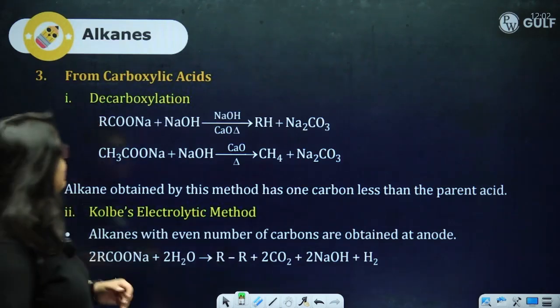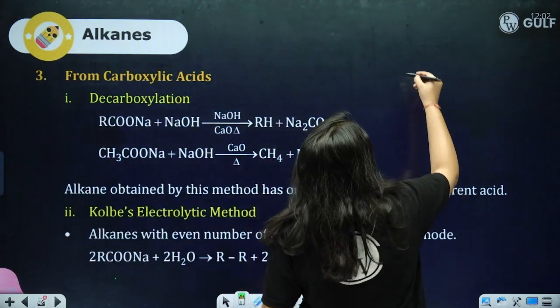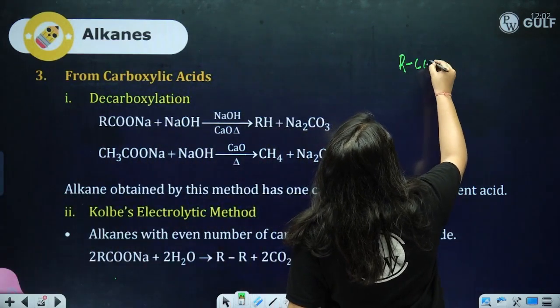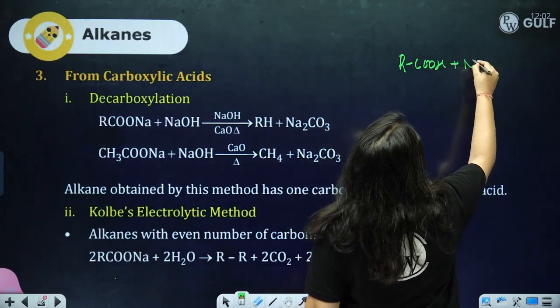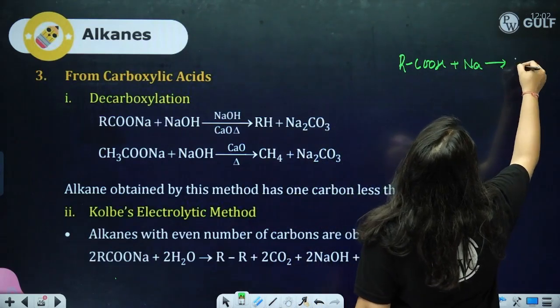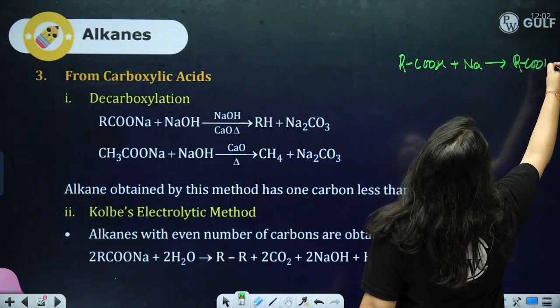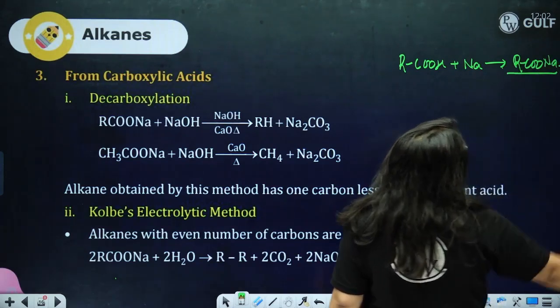How are we getting this? What you need to understand is, when RCOOH is treated with Na, what you get is RCOONa, sodium alkanoate.